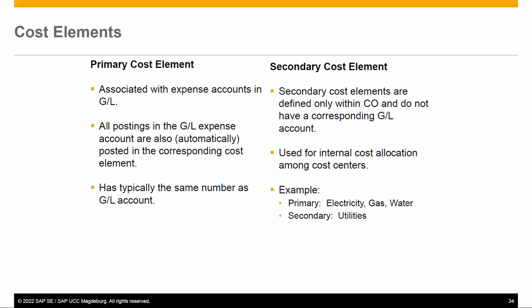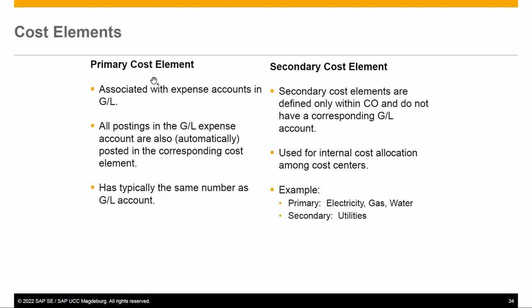You can say cost account, no problem. Expense account, cost account. But just to make it look different, we say cost element. We don't say cost account. But actually, it is an expense account.